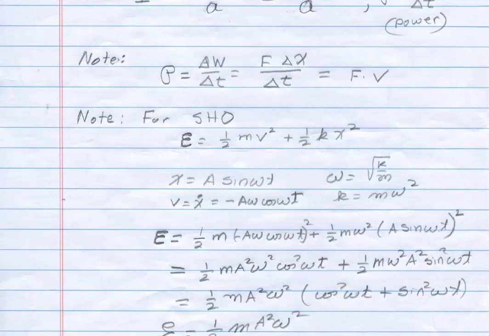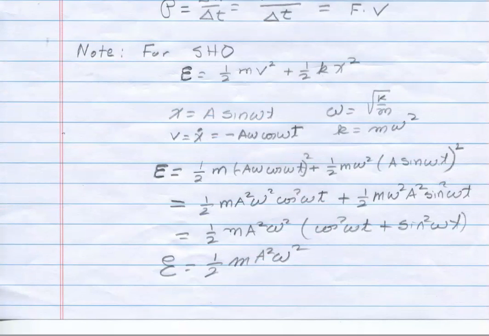You might remember for a simple harmonic oscillator that the total energy of the oscillator is its kinetic energy plus its potential energy. If I have a mass M on a spring with stiffness constant K, then the potential energy is 1/2 kx squared if x measures the distance from the equilibrium position and v is its velocity.